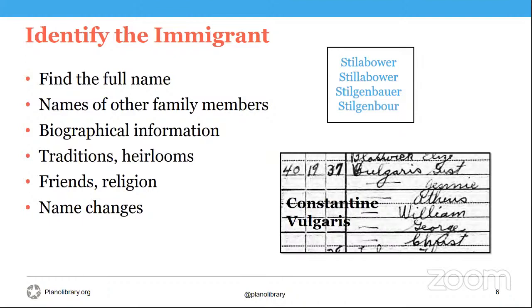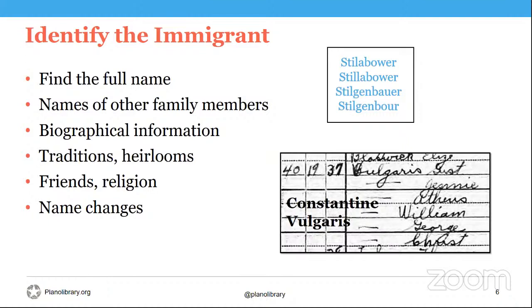So when you look at a passenger list or any records, you can see the different spellings. We had one person who knew that once they were here, Stillabauer was how it was spelled, but he saw 4 different spellings and thinks there could have been more. Sometimes when you're looking at records, you can't find Constantine Vulgaris, but you might find Jenny or Athens.